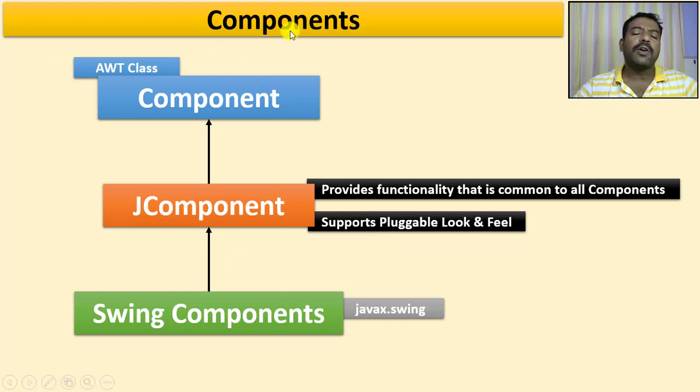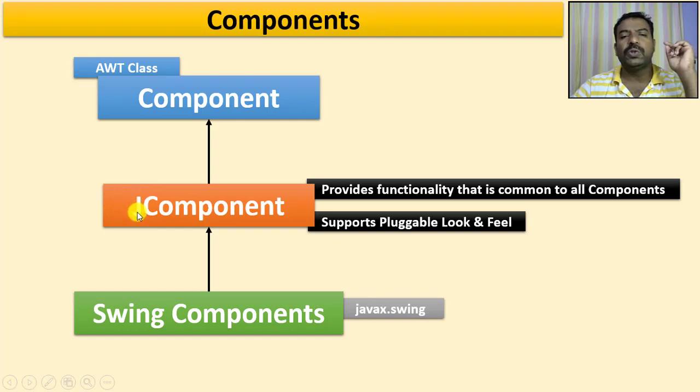So when I'm going to have a component, the component is going to be the top level class, and this is a class of the AWT package. Remember, I told you Swing is built upon the AWT. Hence, whatever the Swing component I am going to have, just observe this J in front of the class name.